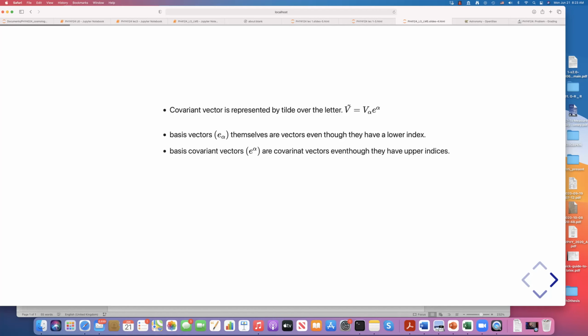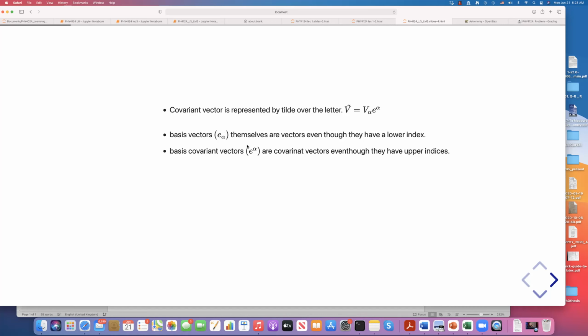And for the covariant basis vectors, you write it as an upper index, E alpha. But for the component, you use lower alpha. So it's kind of a switch of position for the basis vectors, for the covariant vectors and contravariant vectors, right?